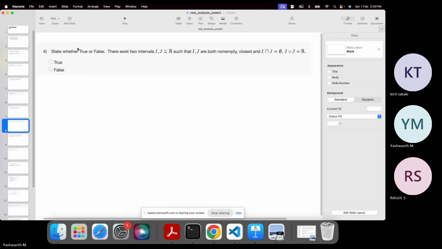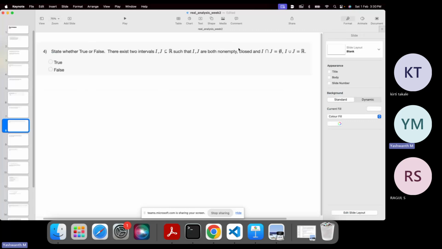Yeah, so state again if this is true or false. There exist two intervals. The nature of the interval has not been said, like open, closed, or whatever, such that there are conditions now. I mean they are closed actually.